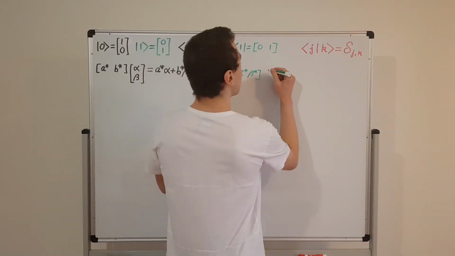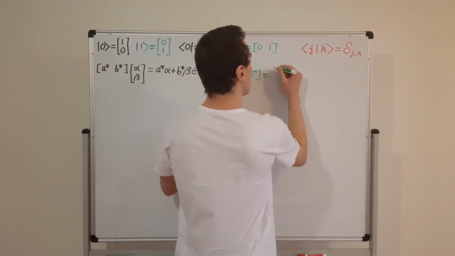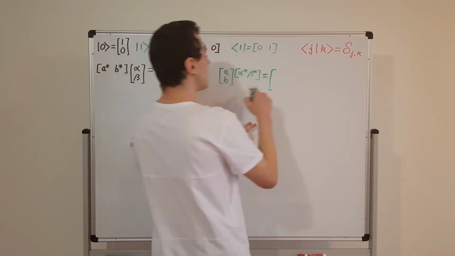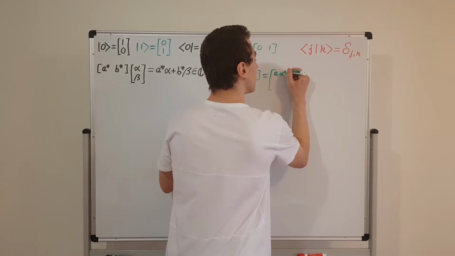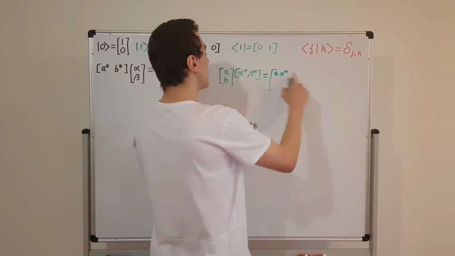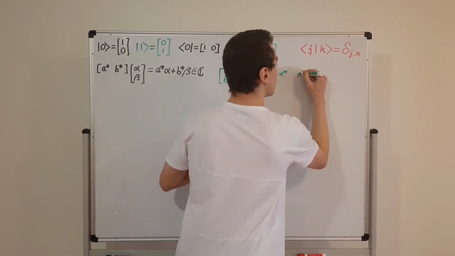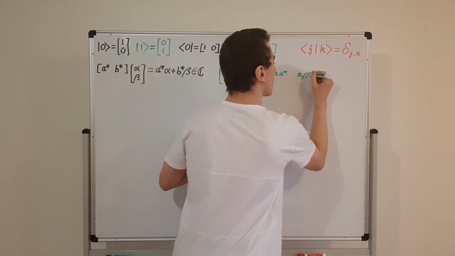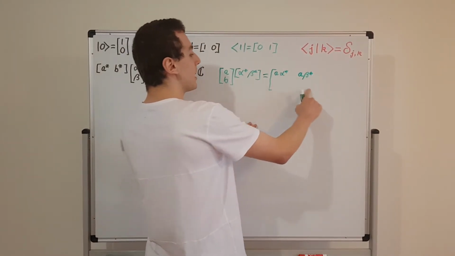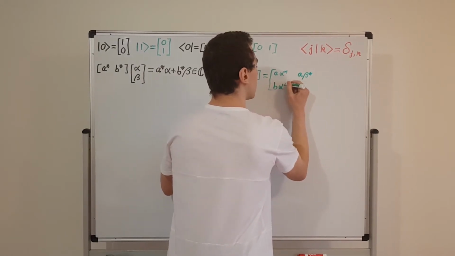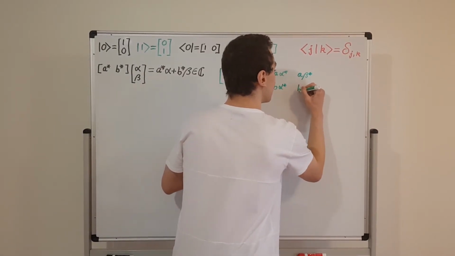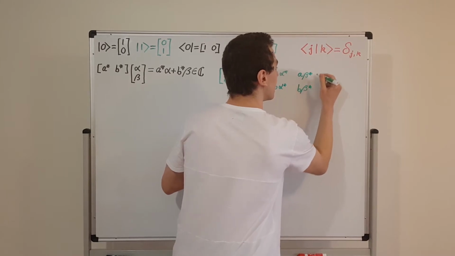So that's going to look like this. We're going to have the form where the first element is going to be a times alpha star. The element over here is going to be a times beta star, a beta star. Then these two elements down here are going to be b times alpha star, and then b times beta star.